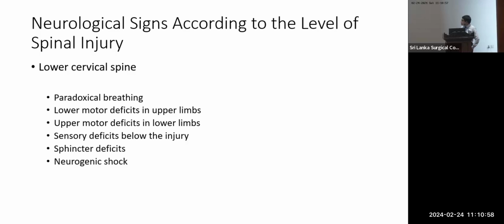Then we know our upper limb innervation is from C4 or C5 to T1. So they will have lower motor deficits in the upper limbs and upper motor deficits in the lower limbs. And they will have sensory deficits below the injury, either tactile, pain, temperature, or proprioception, depending on the extent of the tracts involved.